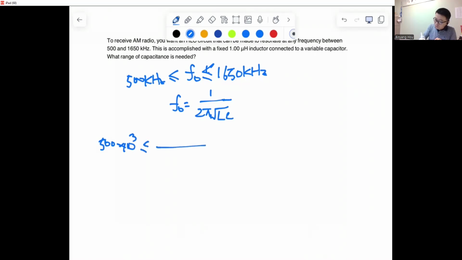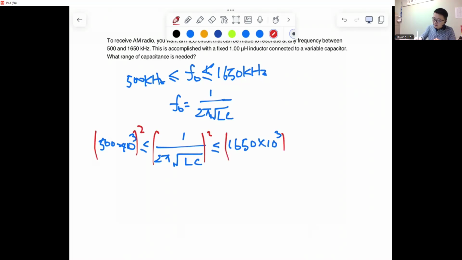That's equal to 1 over 2 pi square root of LC, and that's equal to 1650 times 10 to the third. We are looking for the range of C. What we want to do is square everything, because everything is positive, so when you square them, the inequality signs will not change.